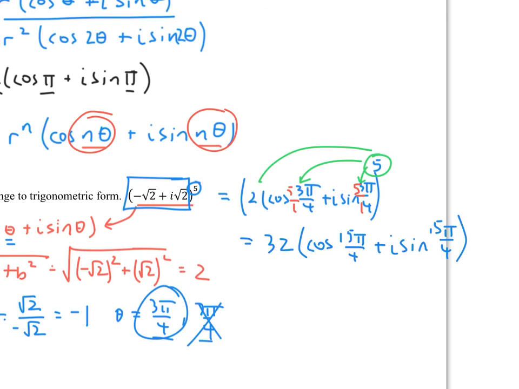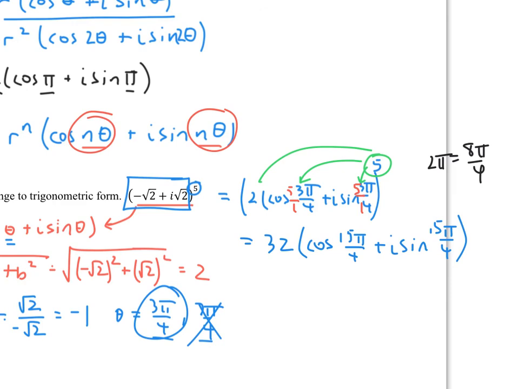You good there? I still need an equivalent value between 0 and 2 pi. How about this? I just said that 2 pi is equal to 8 pi over 4, right? So like Lauren said, can't we just subtract 2 pi?